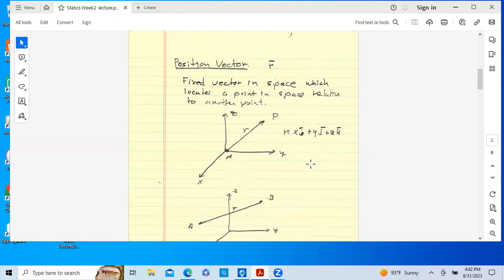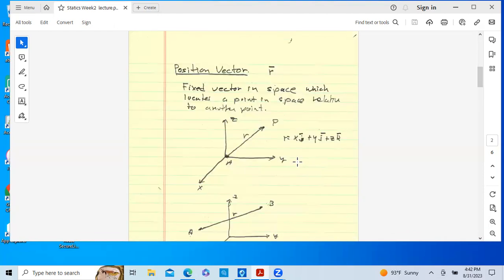Call that point P. And the position vector, referenced from the axis system, is just going to be the XYZ coordinates, or the ijk coordinates of that point P, because the other end of this is 0, 0, 0. So the position vector referenced from the origin of the axis is just the x, y, z coordinates. So it's x i plus y j plus z k. Real simple.